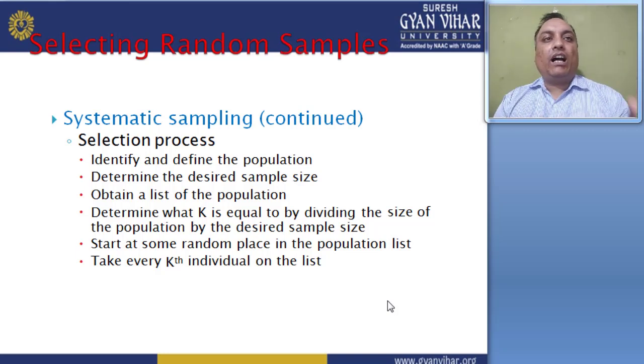After that, you maintain a list of the population, and determine what k is equal to by dividing the size of the population by the desired sample size, and start at some random place in the population list and take every kth individual on this list here.